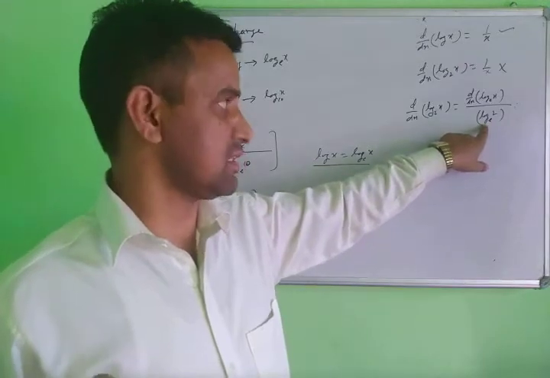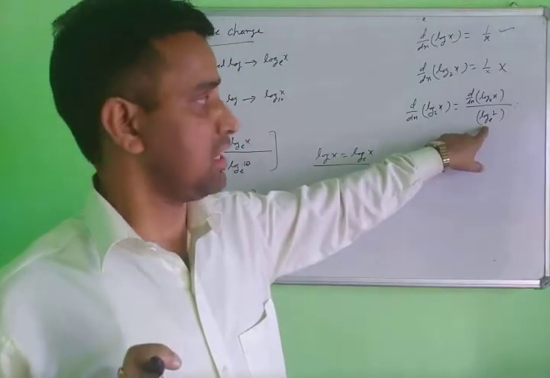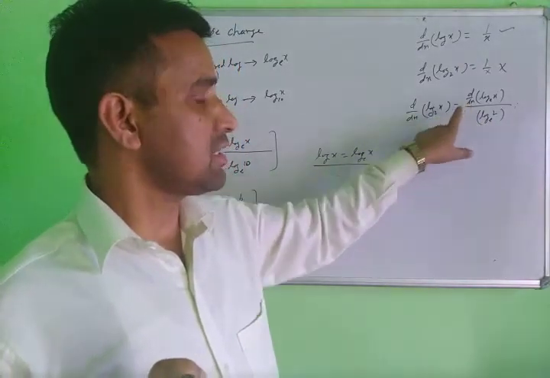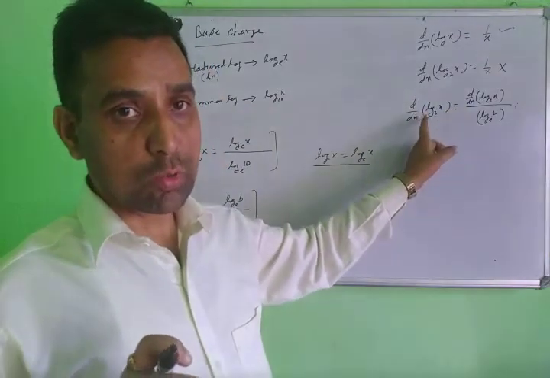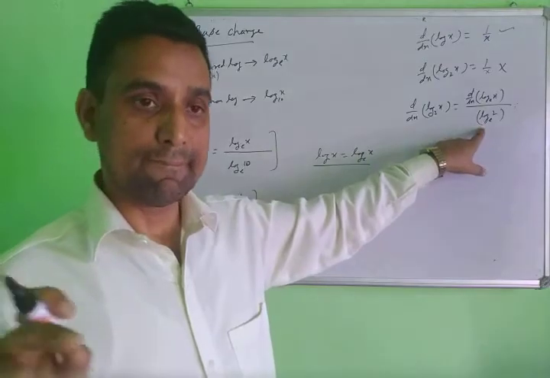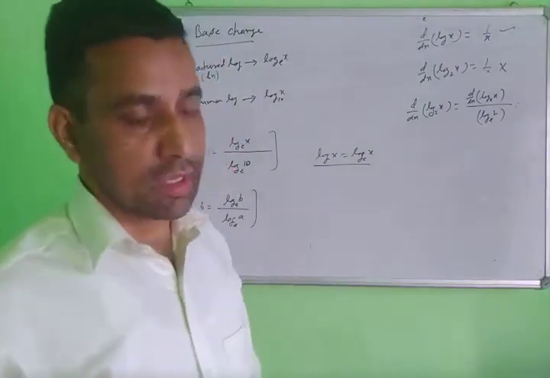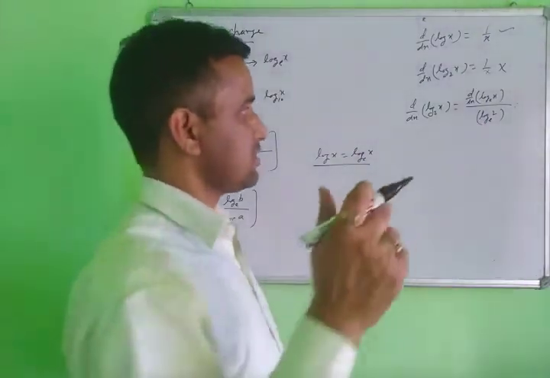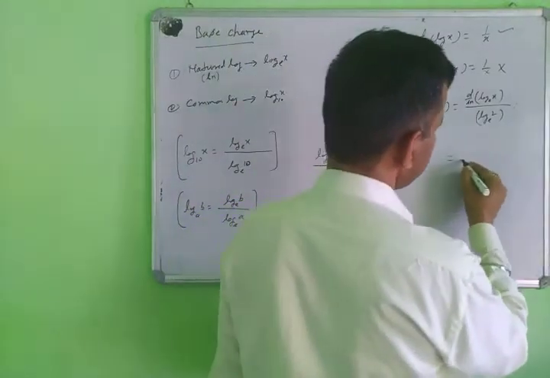In every question, if you convert this common log to natural log, the denominator always comes as a constant value. In differentiation, a constant does not change anything here.